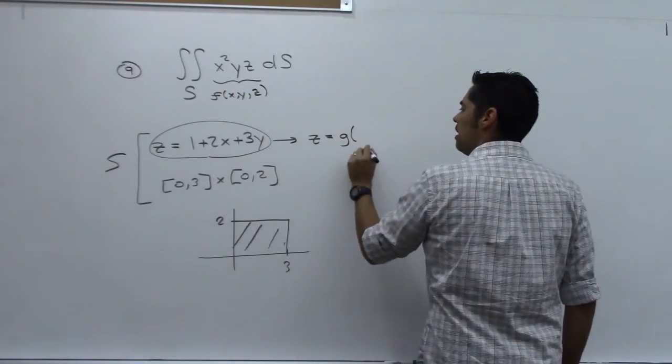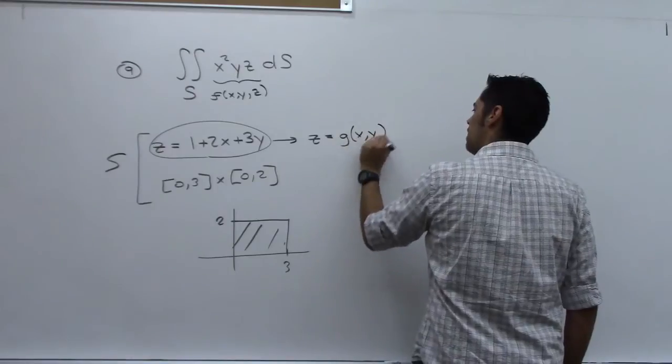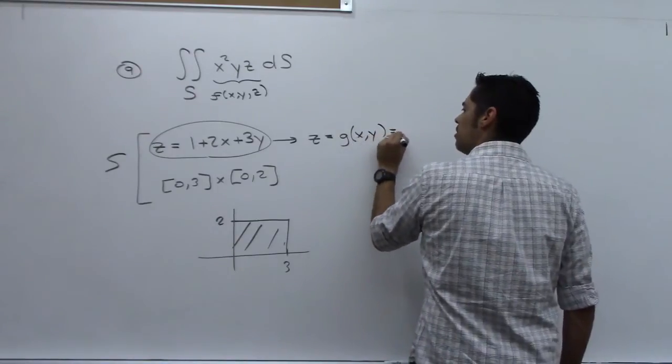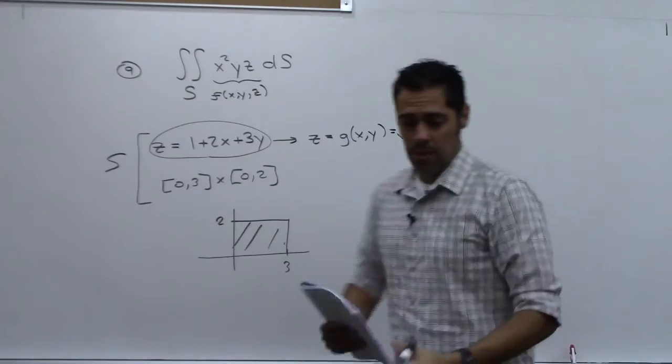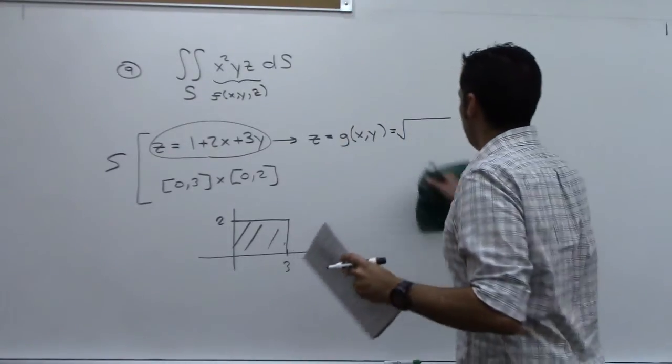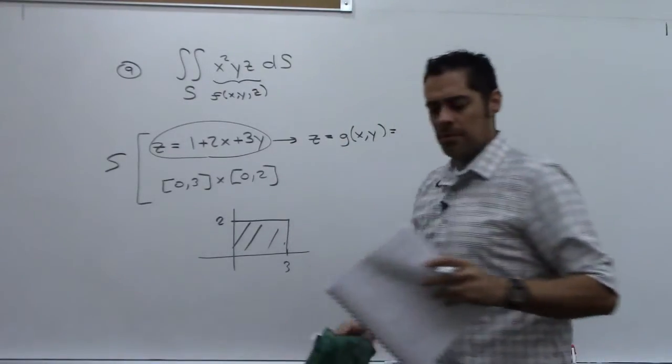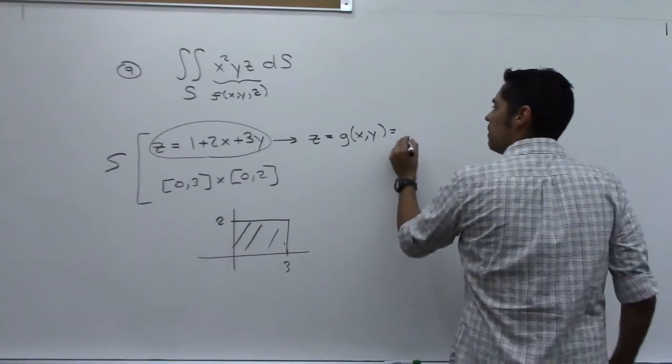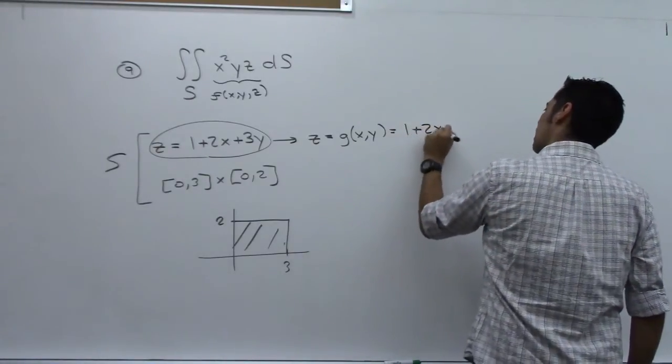So g of x, y is equal to 1 plus 2x plus 3y. This is a special case.